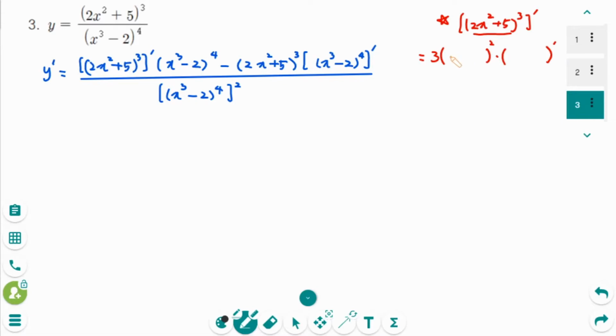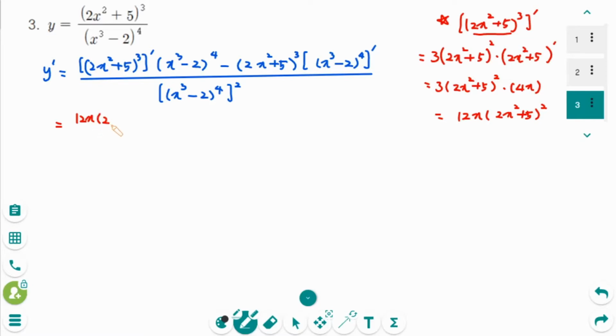Keep the inner function, 2x² + 5: 3 times (2x² + 5)² times (2x² + 5)' which equals 4x. Then we can rewrite as 12x times (2x² + 5)². Then back to the original.